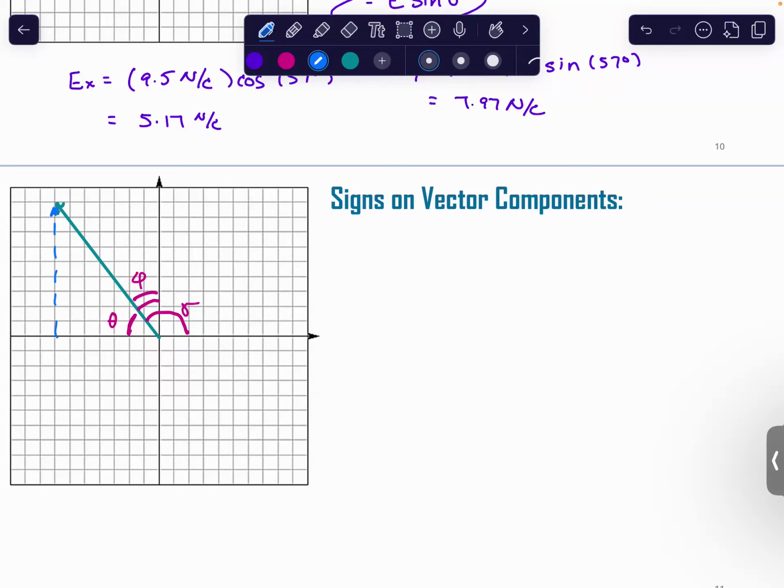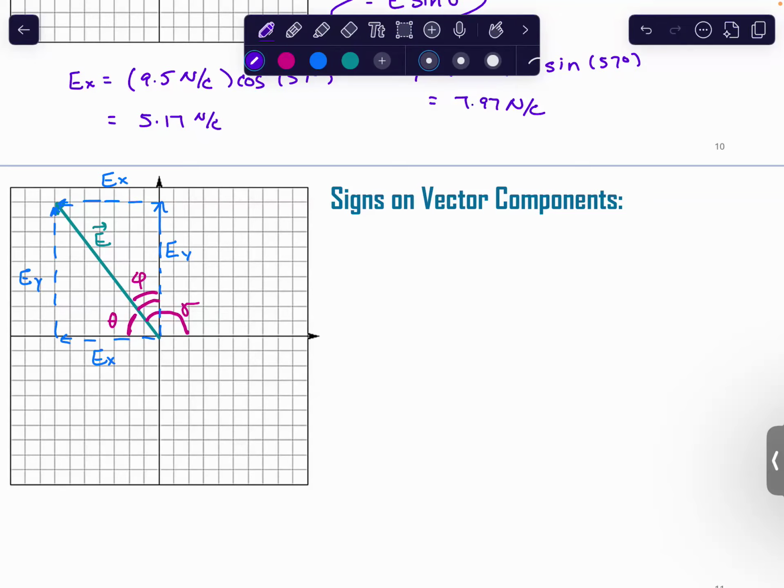So it doesn't matter which side you build your right triangle on. These are the same x and y components.